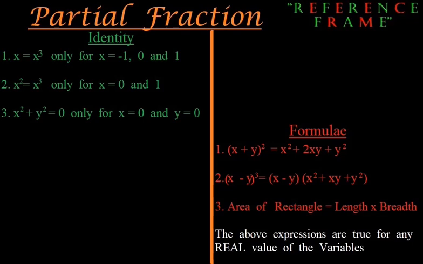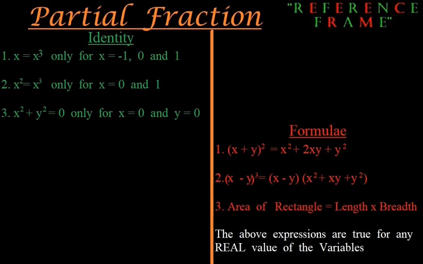Whatever real value of x and y we take, or whatever value of the variable we take from the real numbers, in every case this equation will be satisfied. That means for every real value, the left-hand side will be equal to the right-hand side. When this kind of relation is built up, then this is known as formulae.